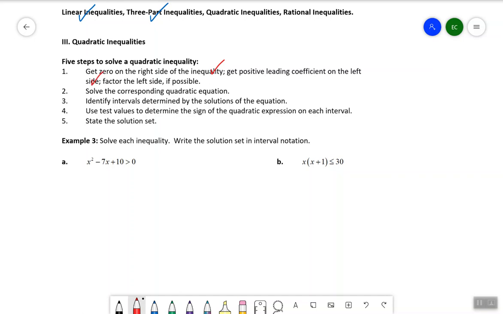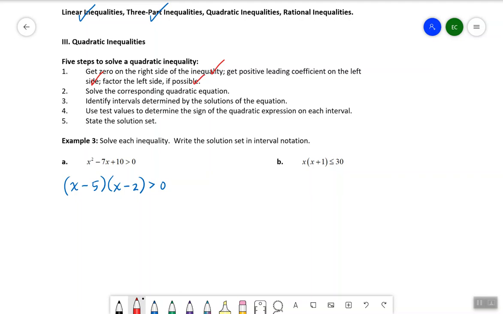And then we can factor the left side, so we should go ahead and do that. We get x minus 5 times x minus 2, and that's greater than 0. And so here we have the factored form, and we've finished the first step in the process.